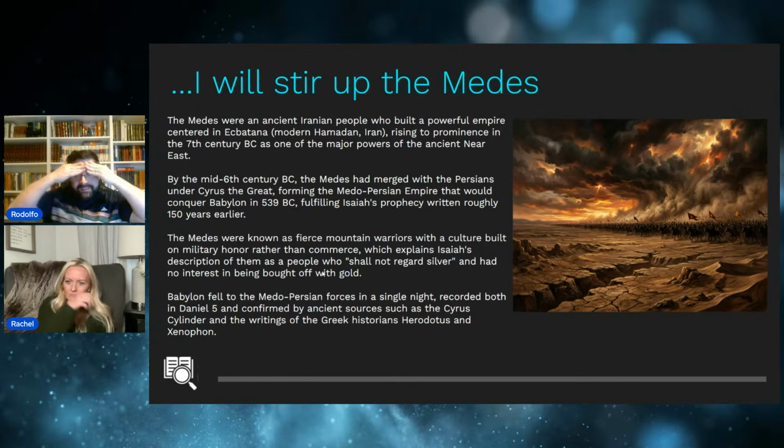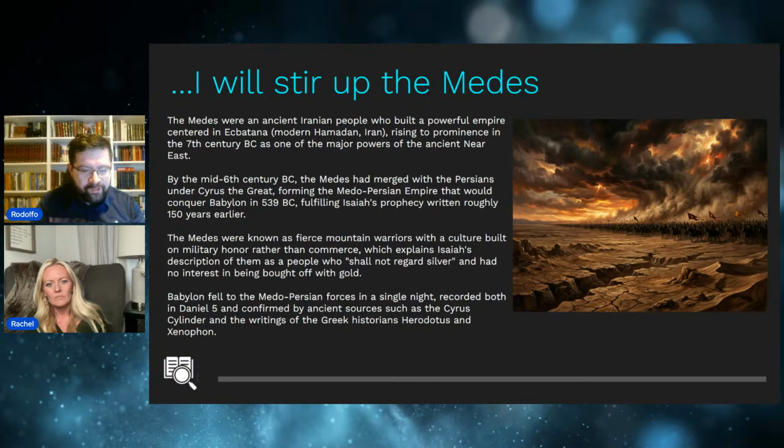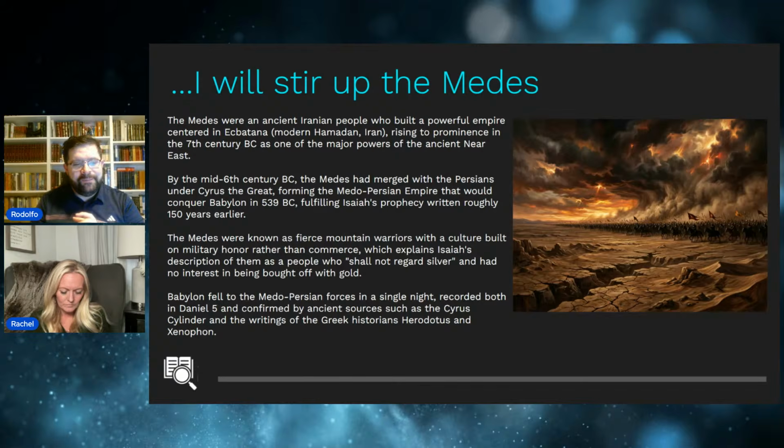So the Medes are the ones being used as a type. The only problem, and this is where scholars try to figure out how to fit this, is that this is beyond Isaiah's prophesying time. They come around and unify with the Persian Empire.